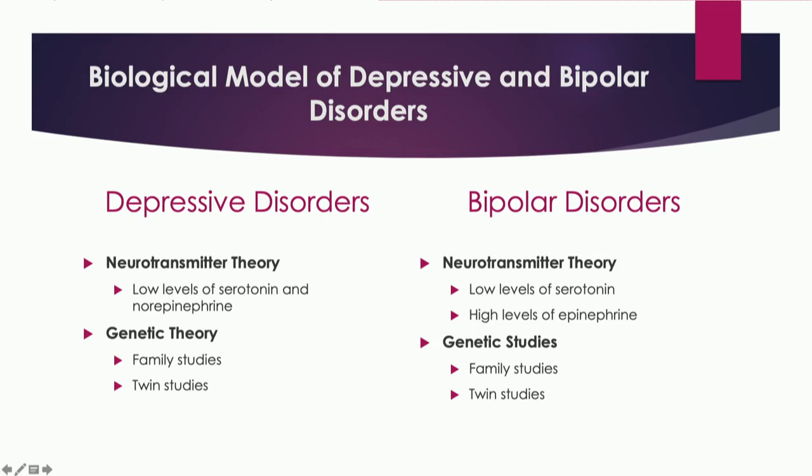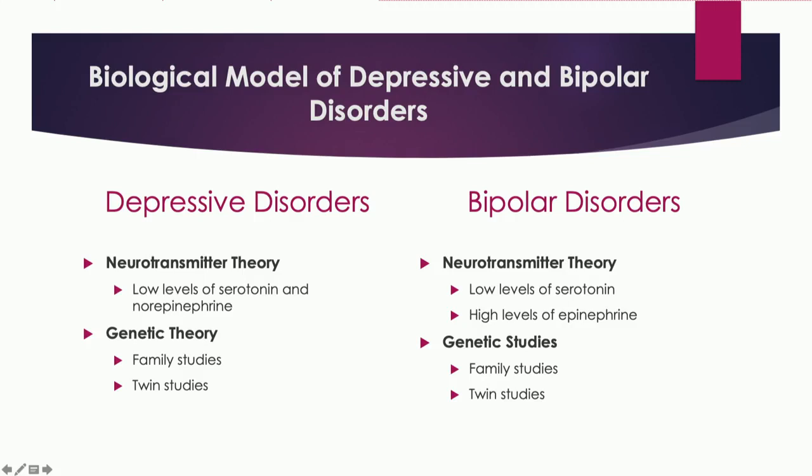This finding led to the theory that depressive disorders are associated with low serotonin and low norepinephrine activity in the brain, and it launched research into the development of medications that increase serotonin and norepinephrine activity in the brains of depressed people.